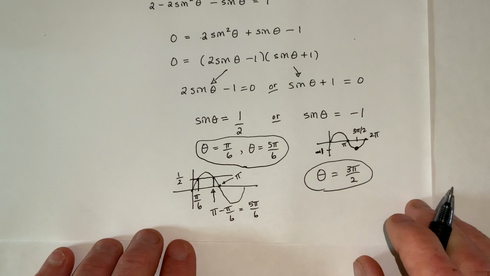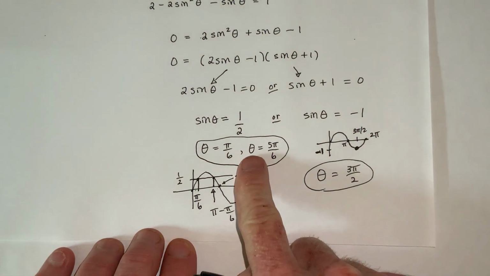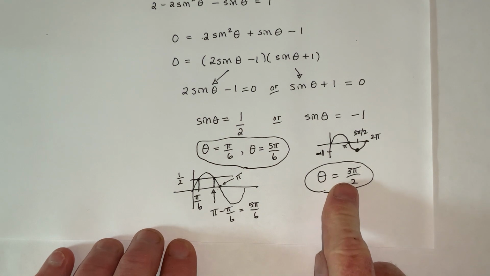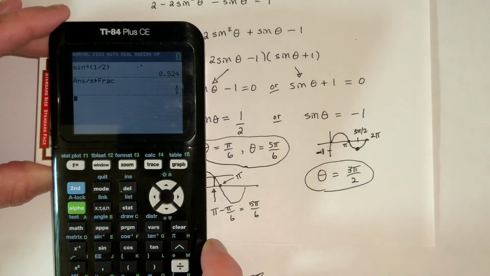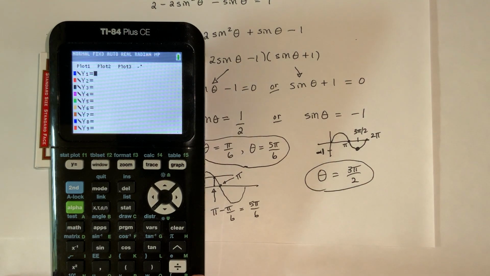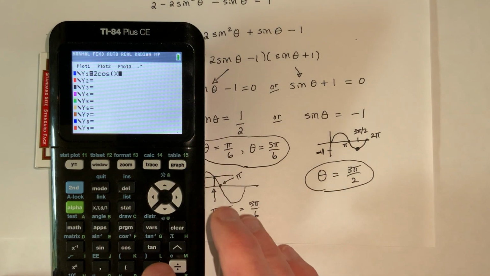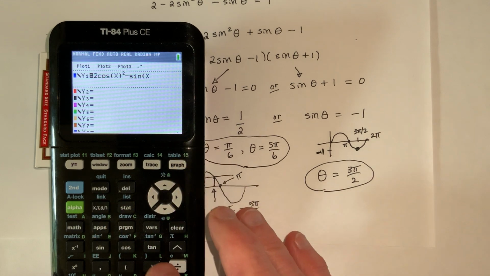Now, I need to check the answer, because there are times when you do algebra and it produces extra answers that aren't actually a solution to the problem. So I definitely have to check the answer. So I'll go and graph the original problem, which said 2 cosine, on the calculator I need to use x instead of theta, squared minus sine of x.